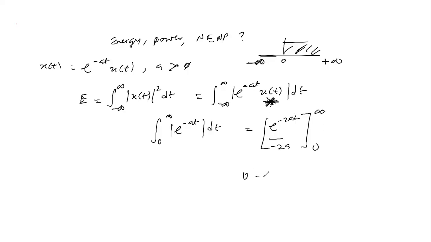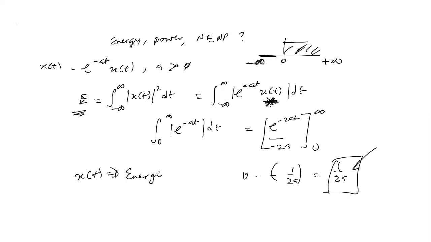So we have 0 minus minus 1 over 2a, which is equal to 1 over 2a. So since the energy value is finite, then we say S of t is an energy signal.